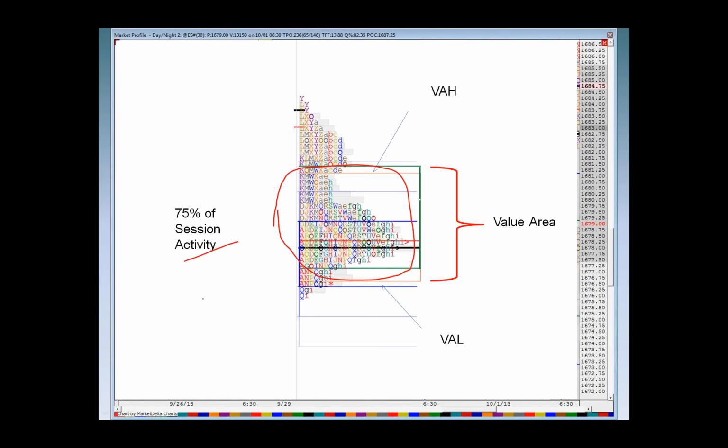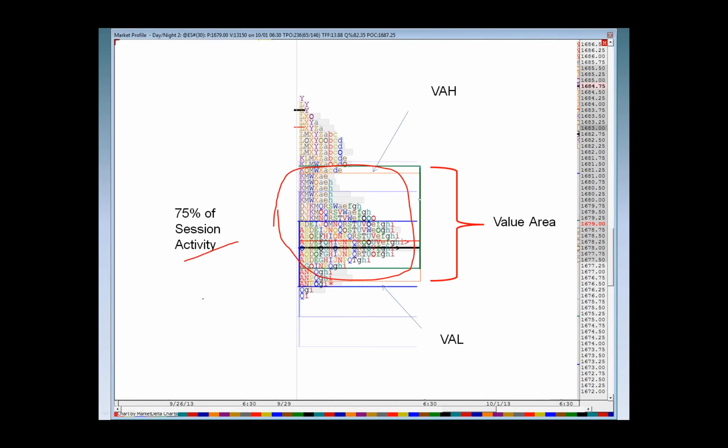Now, why is the value area so important? Well, since the profile is really a normal distribution of the activity that is taking place during a specific session, and we are able to identify about 75% of the activity and where it takes place, what's important for us to recognize is this is the area where all the action was.